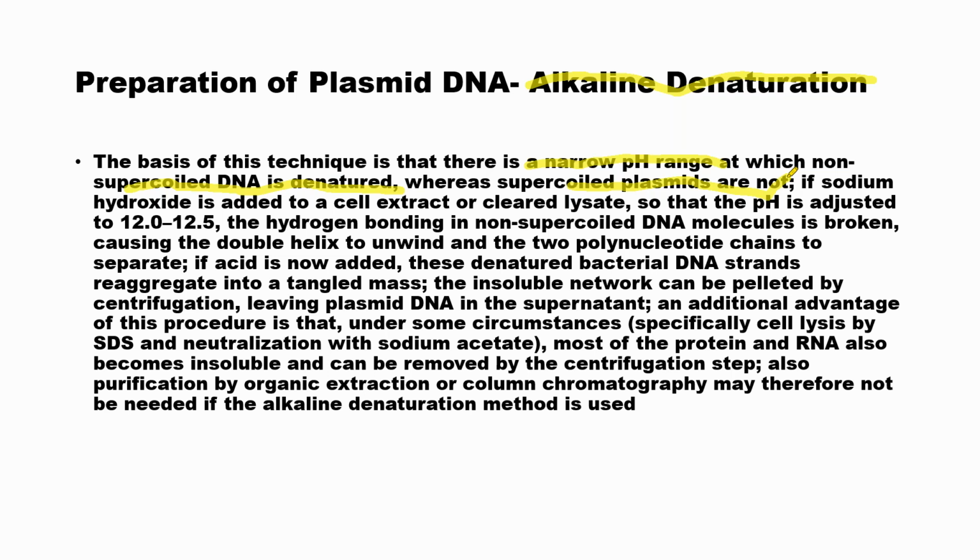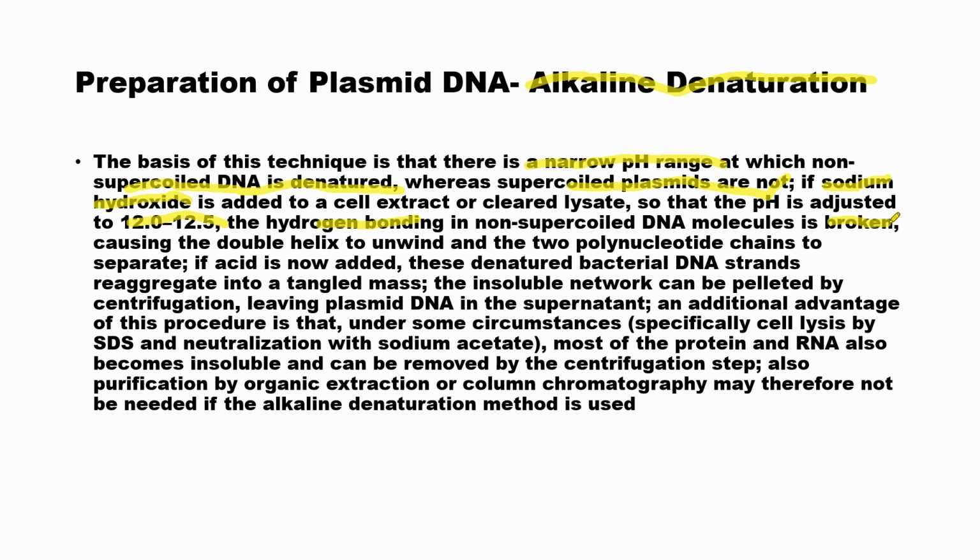They will remain intact. What is the procedure? If sodium hydroxide is added to a cell extract or clear lysate and the pH is adjusted to 12 to 12.5, the hydrogen bonding in non-supercoiled DNA is broken.